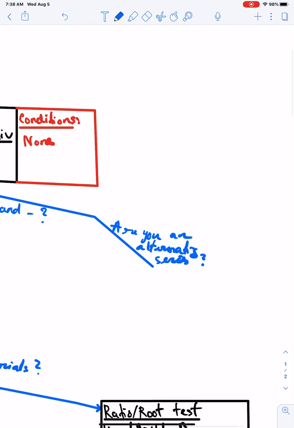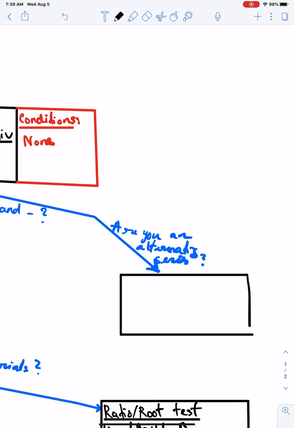If the answer is yes, then I can do the alternating series test.